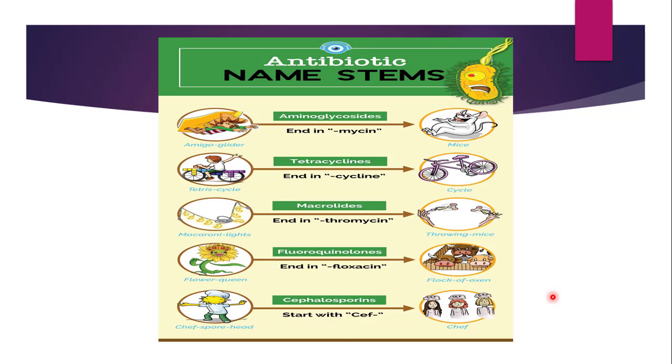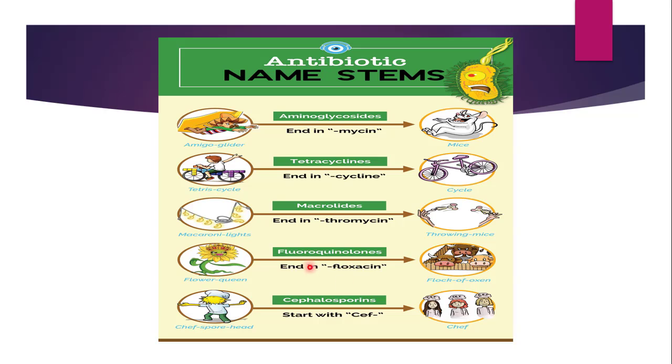Now the suffixes. Other antibiotic classes are there: aminoglycosides, tetracyclines, macrolides, fluoroquinolones, cephalosporins. Aminoglycosides end with mycins, like erythromycin, azithromycin. Tetracyclines end with cyclines. Macrolides end with thromycin.